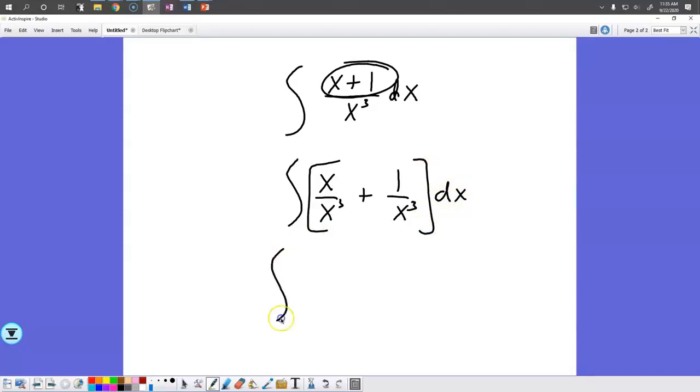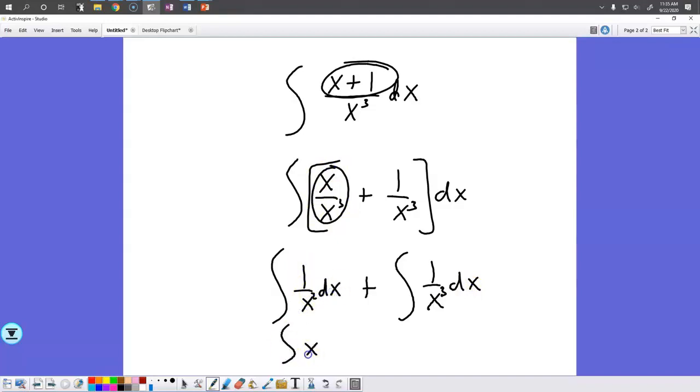And so if I integrate these separately now, I have that, and this one can be reduced. And then all I would do is just change this to a -2. I would change this one to a -3. And from there, you just do the power rule where you add 1 and divide by that number. So this one would be substantially less work.